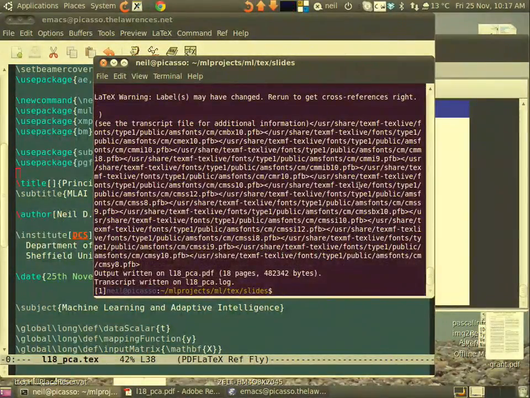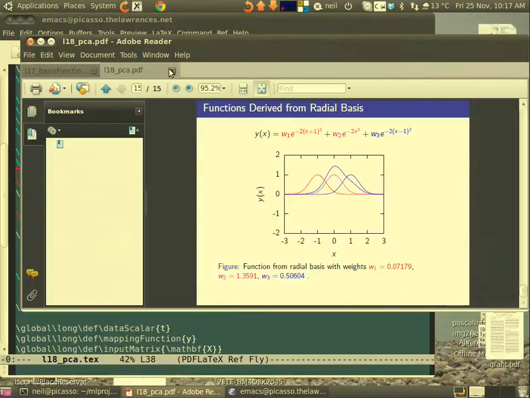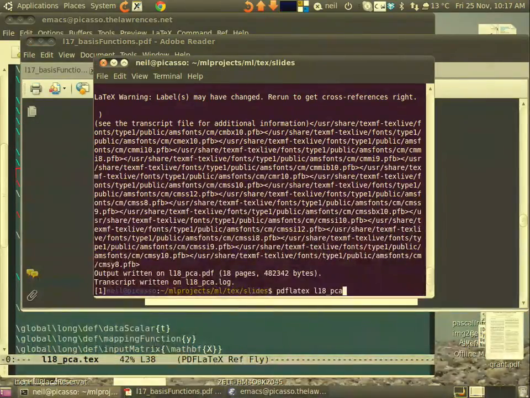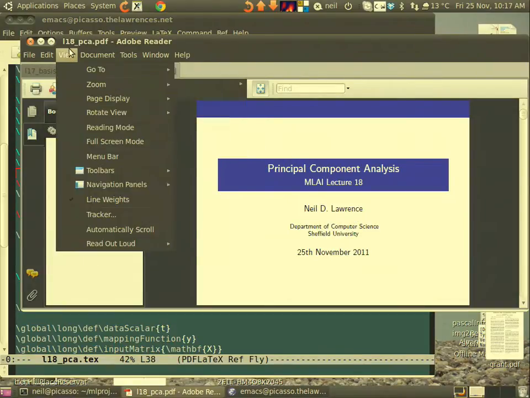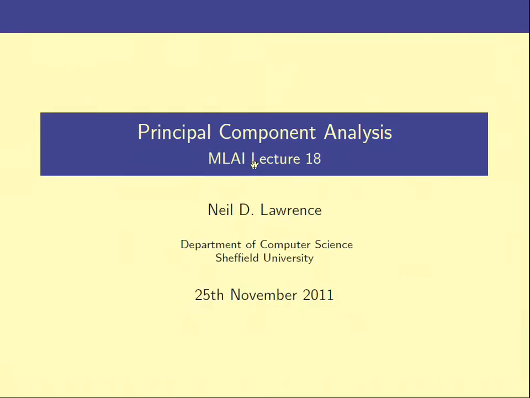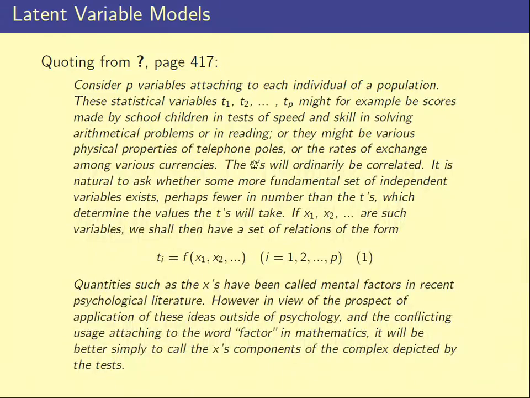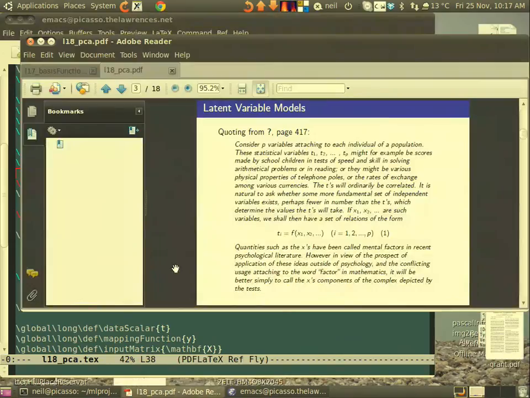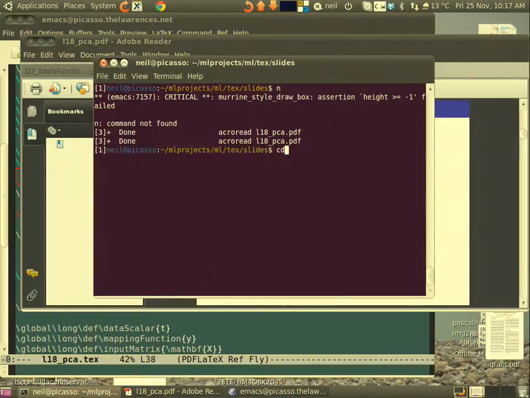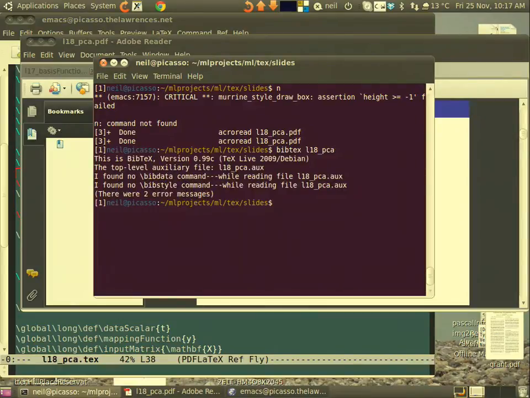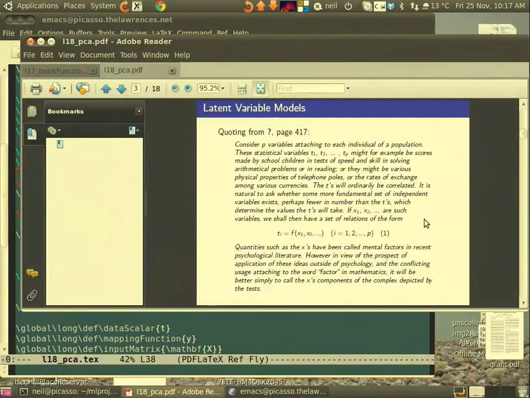There we go. So let's try that now. I just included the wrong file, I believe. What happened to Control L being view full screen? Full screen mode, okay. So, I don't have the BibTeX. Let me just do the BibTeX because that shouldn't take any time. So, what we're going to do in this period is, oh no, okay, we can't do the BibTeX. So I've messed that up.